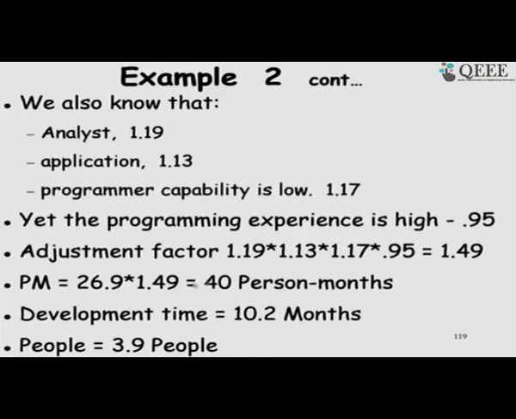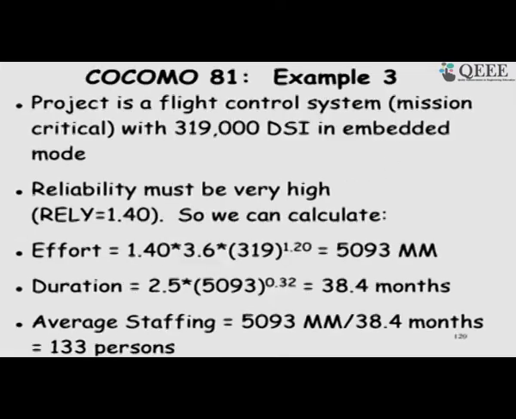So, we have scaled up the basic person month estimate by nearly 50%. That is because the programmer capability is low, and the development time also we have scaled up, and the number of people has scaled up.